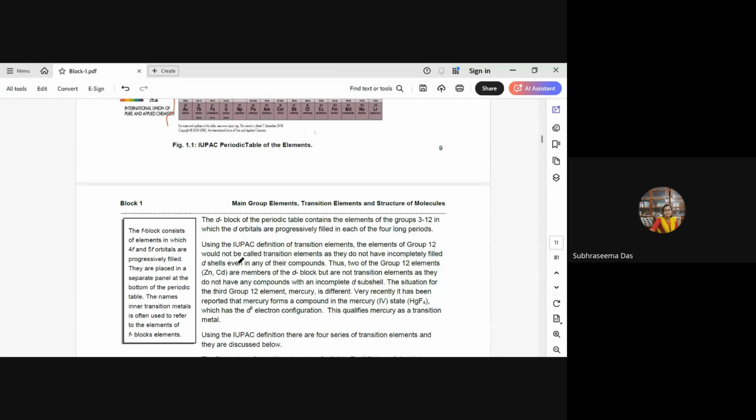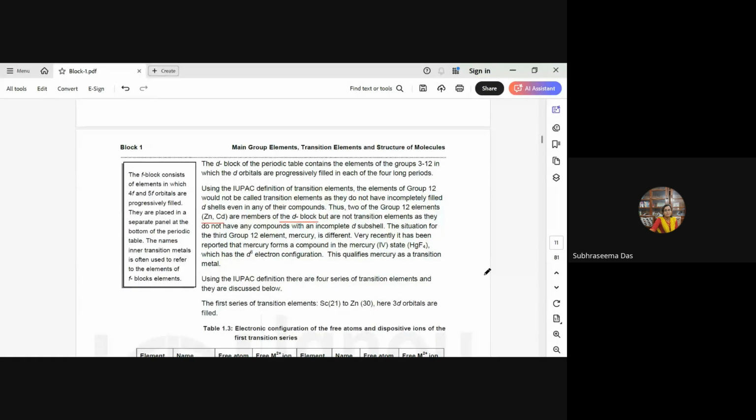For example, zinc and cadmium, although they are present in the d block, are not transition elements because in these two elements the d block is completely filled. They are not partially filled or half filled. Since it is completely filled, they should not have been placed in d group, but it has been found that they follow some other properties of the d block elements, and that is why they have been placed in d group.